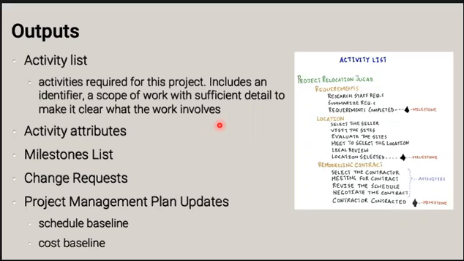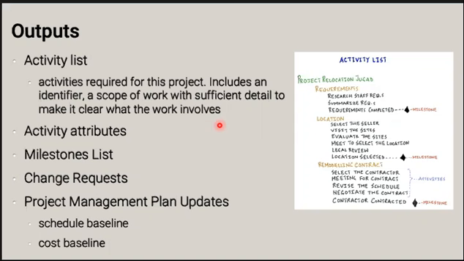Are there any regulatory requirements? Are there any constraints around the duration? Are there any risks, and so on? Obviously, not every activity is going to have that, so it's not necessary for every activity to have an attribute, but you'd expect that most of them would have at least some, and those that are identified should be documented.